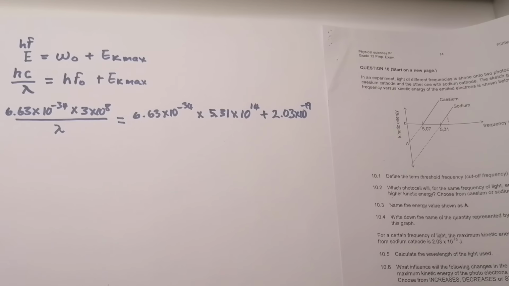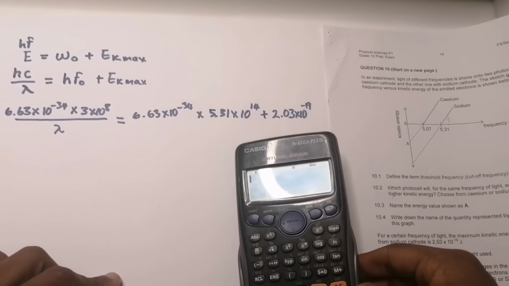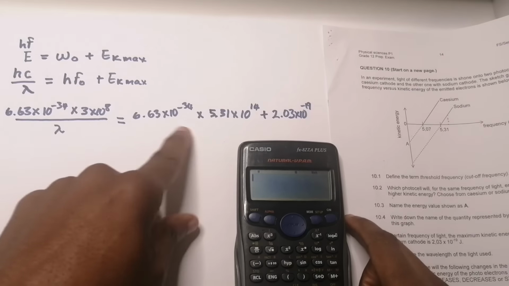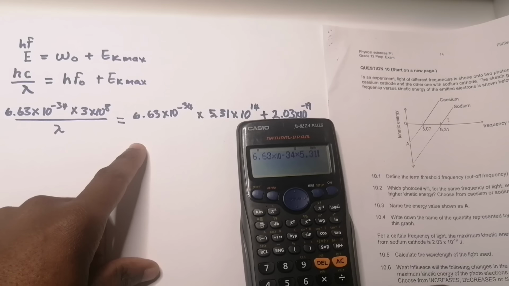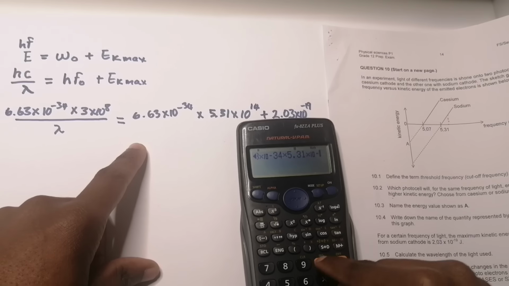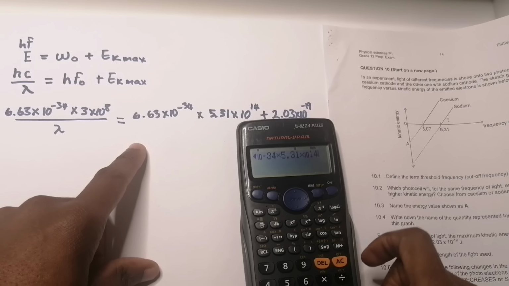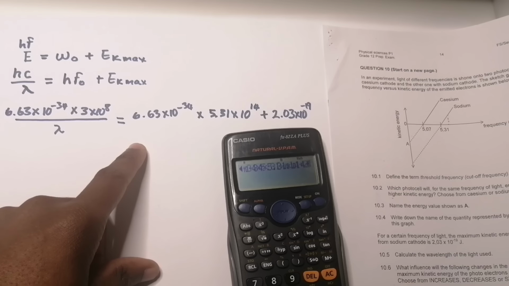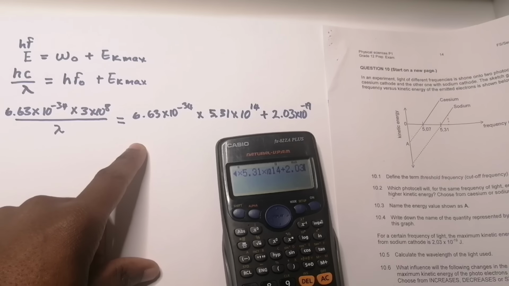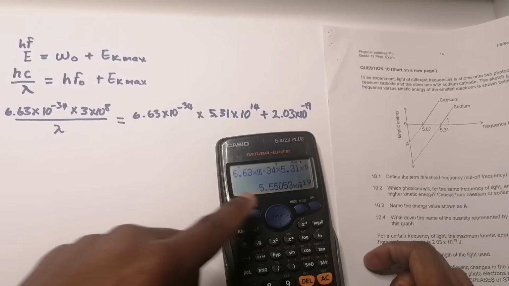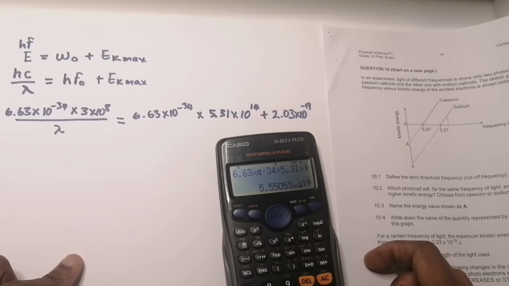So I'm just going to pull out my calculator quickly. I'm going to start with what's on the right hand side. So we've got 6.63 exponent minus 34 multiplied by 5.31 times 10 to the power 14, plus we've got 2.03 times 10 to the minus 19, and I get a value of 5.55 times 10 to the minus 19.